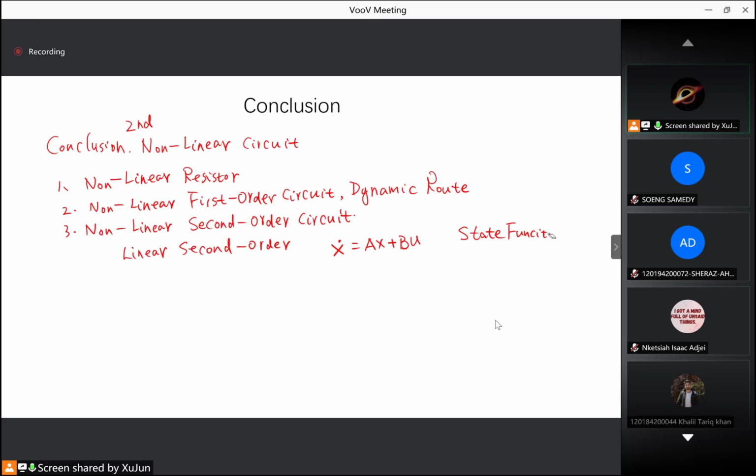We begin from this state function, and in this state function, the u always comes from the external source or the stimulation, and we assume it is zero input response, zero input. So this will equal to zero, so x dot equal to Ax is a zero input response.